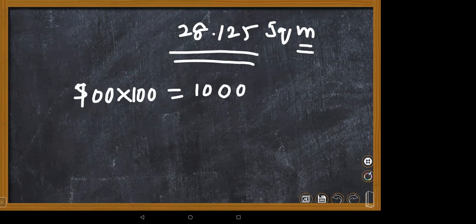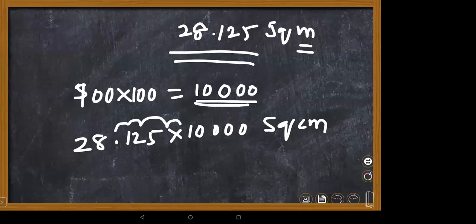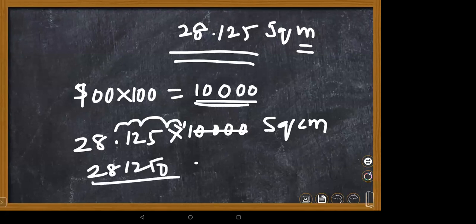You're supposed to multiply by 10,000 to get the square. 281250 centimeter square, or square centimeter, anything. Now with 3 decimals and 4 zeros, you need to take 4 jumps and take a 0. So it is 281250 square centimeters.